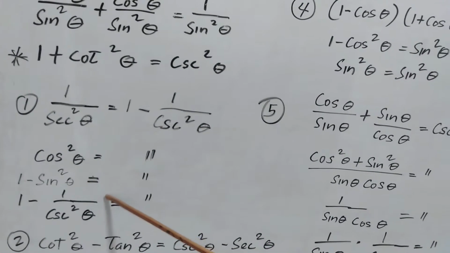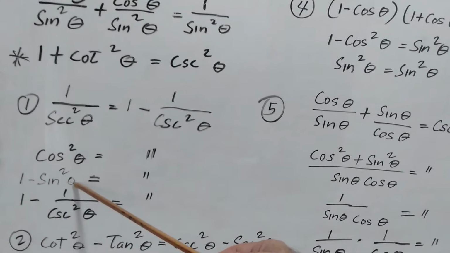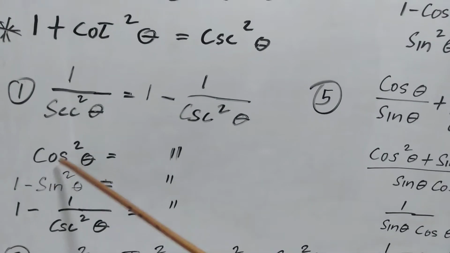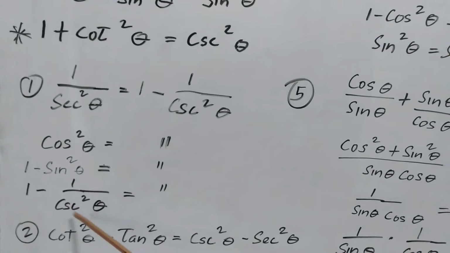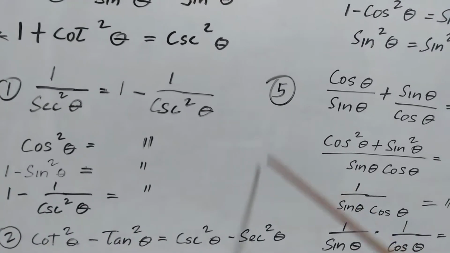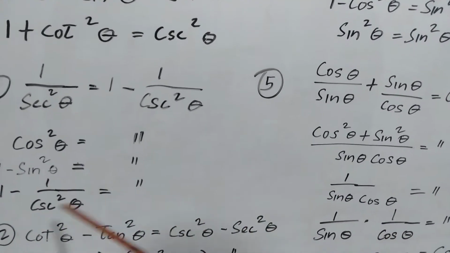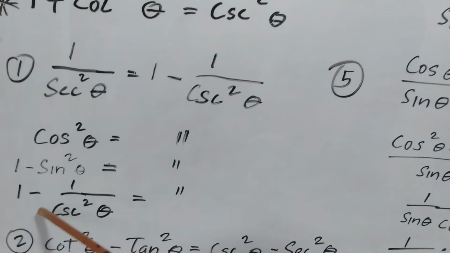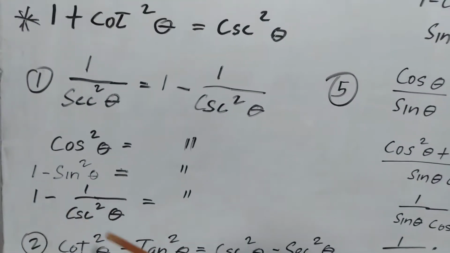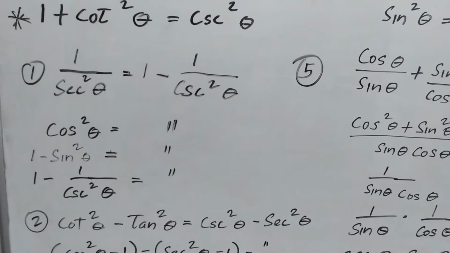And sine squared theta is equal to 1 over cosecant squared theta. So we now have 1 minus 1 over cosecant squared theta, which is equal to the right side of the equation, and we have successfully proved that the left side is equal to the right side.